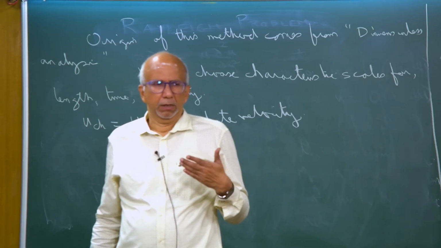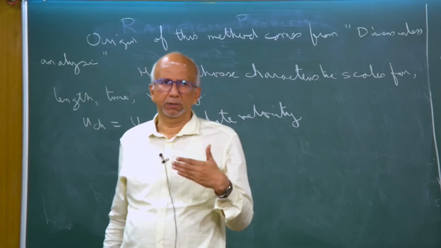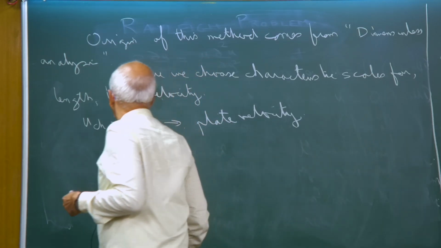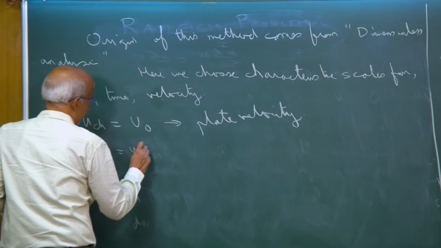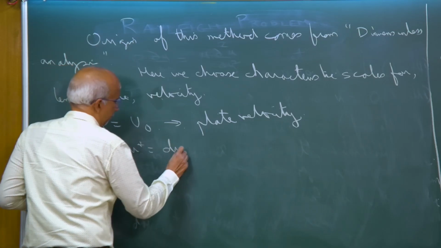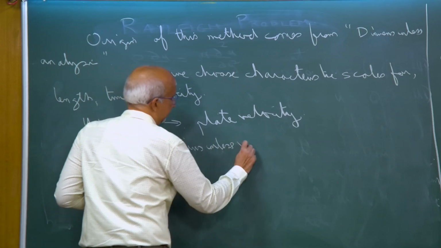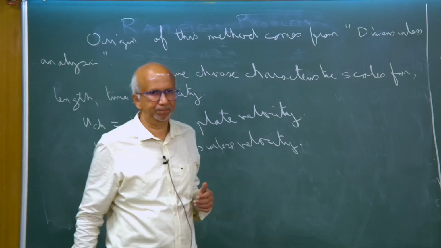If I want to make velocity dimensionless, I will say u by u naught is my dimensionless velocity, u star.